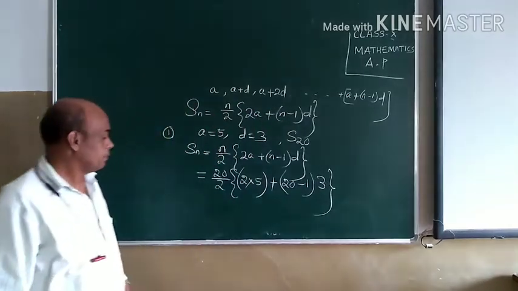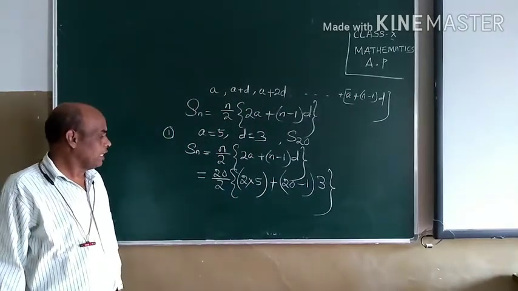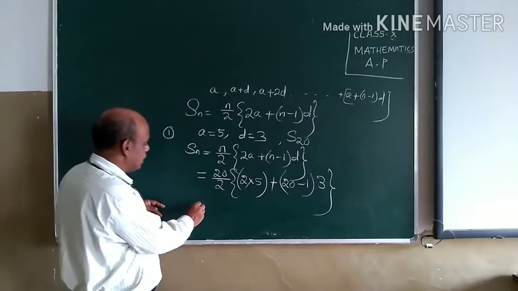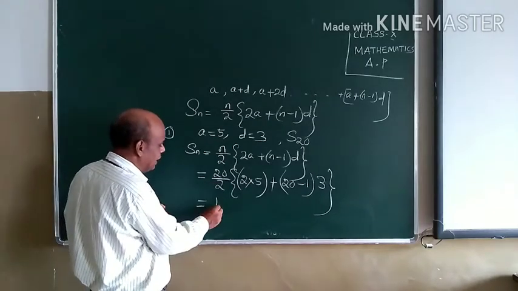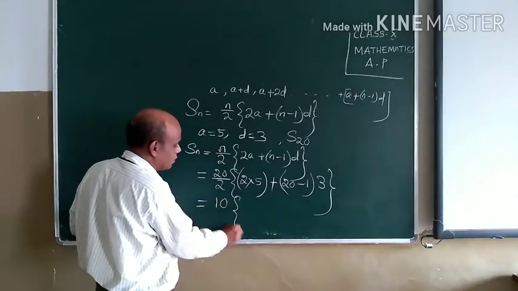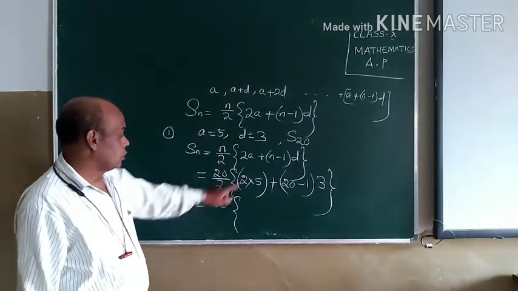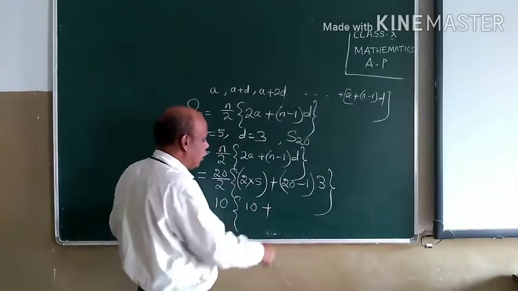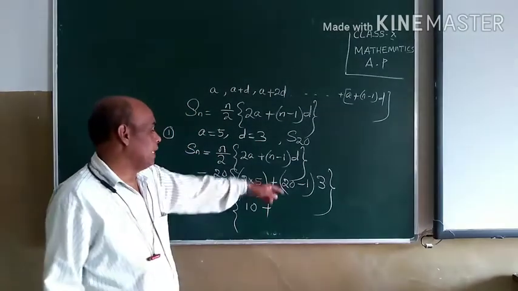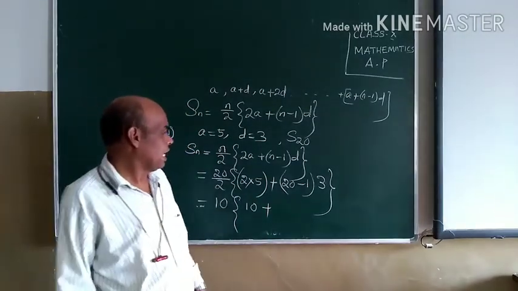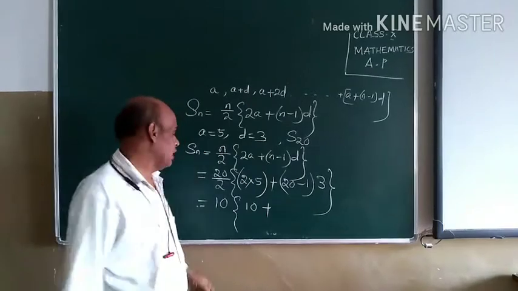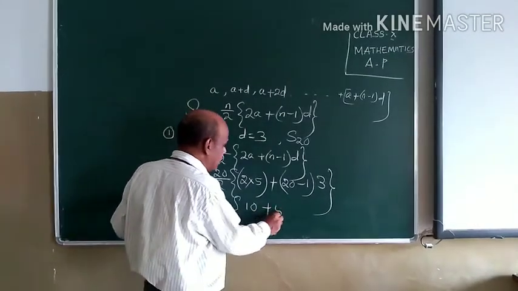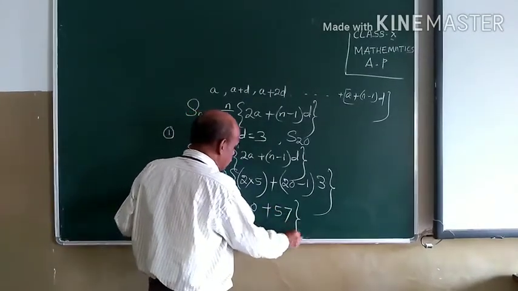Now you have to do the calculation. 20 by 2 is coming 10. Now 2 into 5 is 10, plus 20 minus 1, that is 19 into 3, that is coming 57.